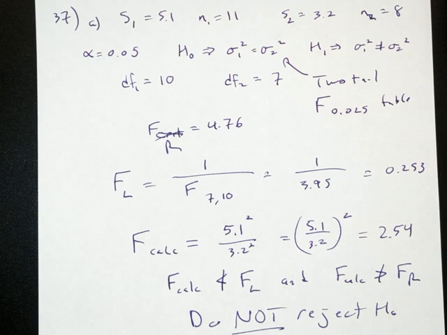Quality control. Here is the data report from a drilling company. Manufacturing process drills holes in sheet metal that are supposed to be half a centimeter, 0.5000 centimeters.